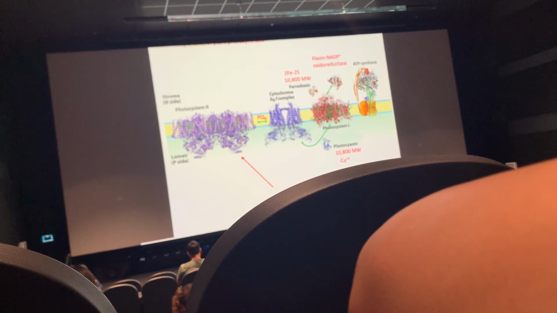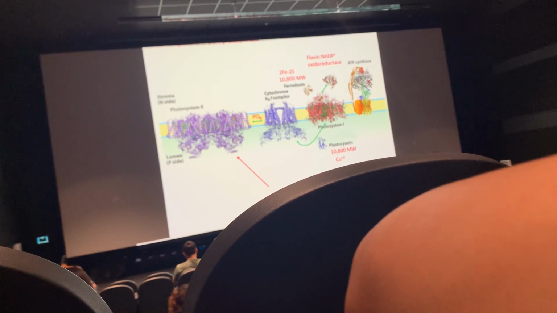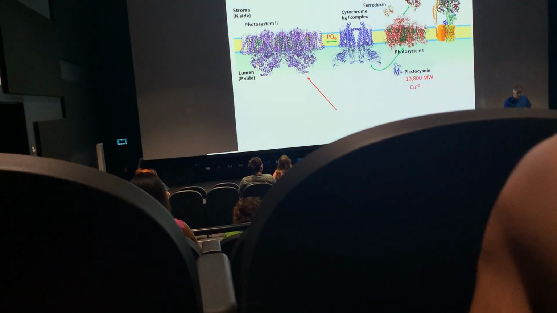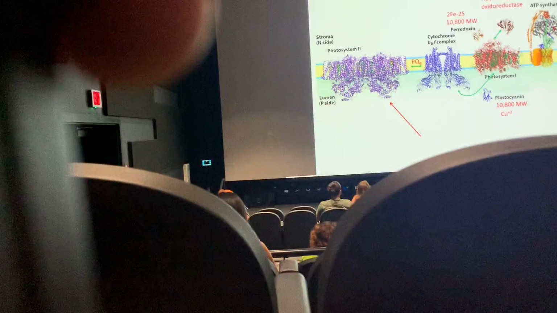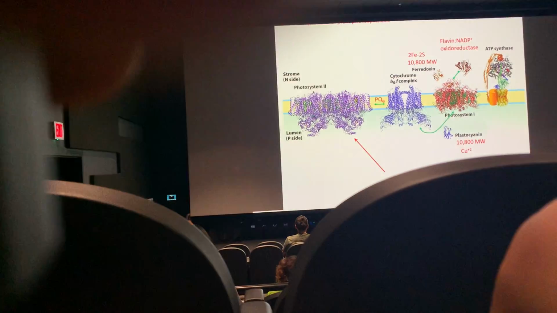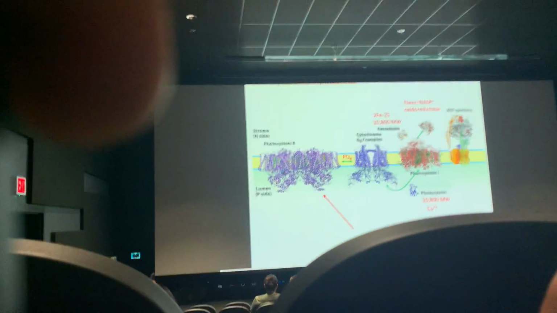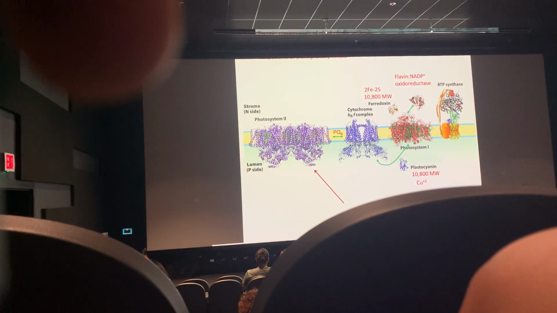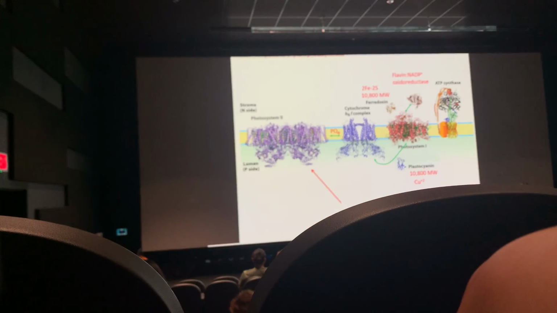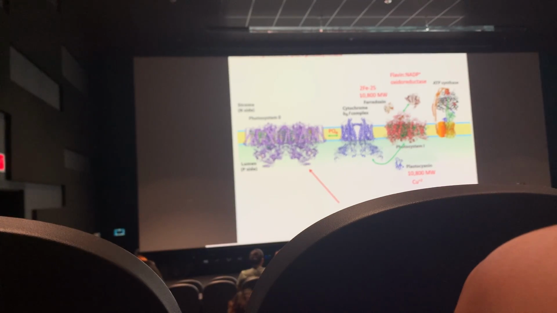Photosystem 2 has, as part of its structure here, this oxygen evolving complex, OEC. We'll talk a little bit more about that in a minute. And this is where water molecules somehow come in and have electrons and protons stripped off of them.